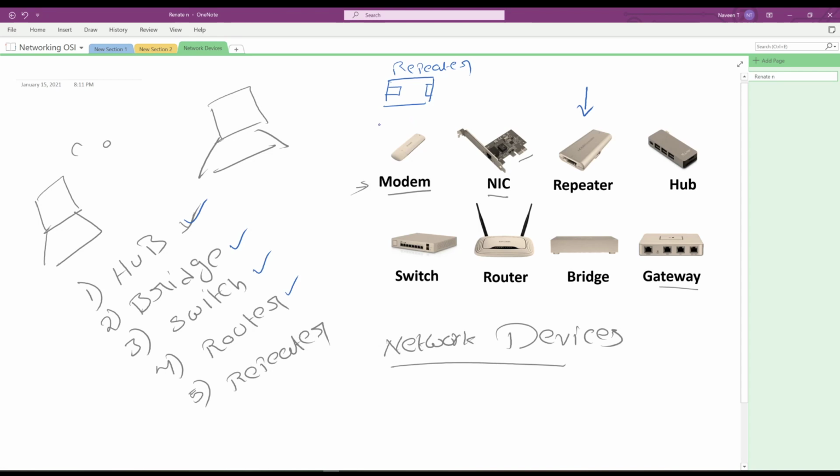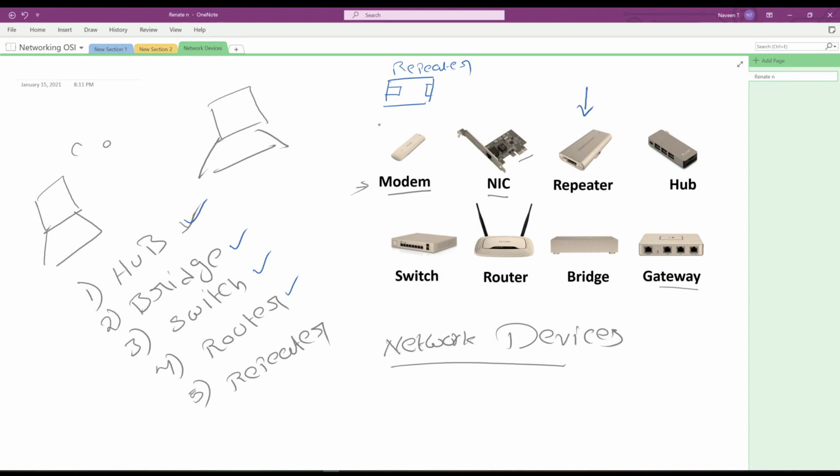We use that only if it is necessary. Let's say you don't need a repeater for small-distance communications. Who uses a repeater? You may in big corporations. Let's say you are using an RJ45 cable for 50 meters.